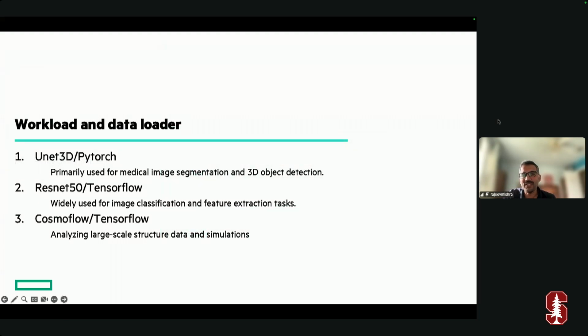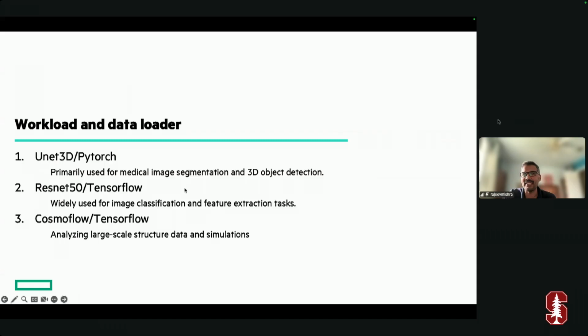Next I will go to the workload options we have. We have three workload options: Unit 3D, ResNet 50, and CosmoFlow. Unit 3D is very heavy on IO, and we will see that. The data loader uses PyTorch, while ResNet 50 and CosmoFlow use TensorFlow, and we will go into detail when we talk about these workloads.